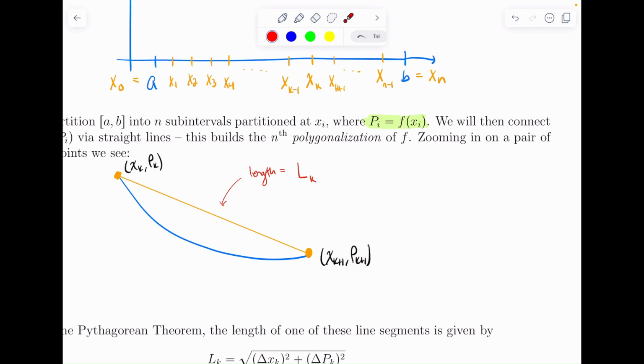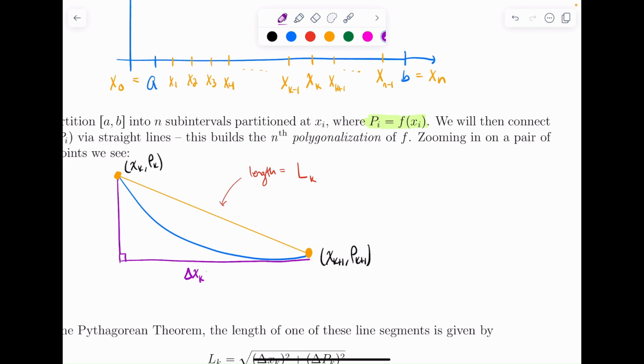Remember how the distance formula comes to be. It comes into existence by looking at the left endpoint and the right endpoint and imagining that both live on a right triangle, where the length of the triangle down here is typically what you would have called delta x_k, right?